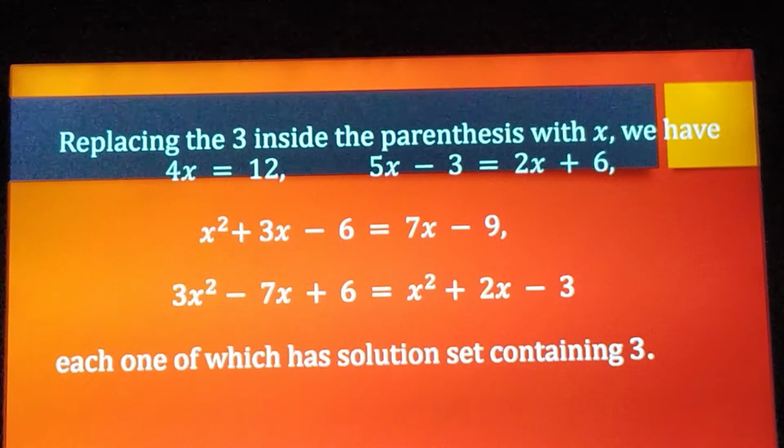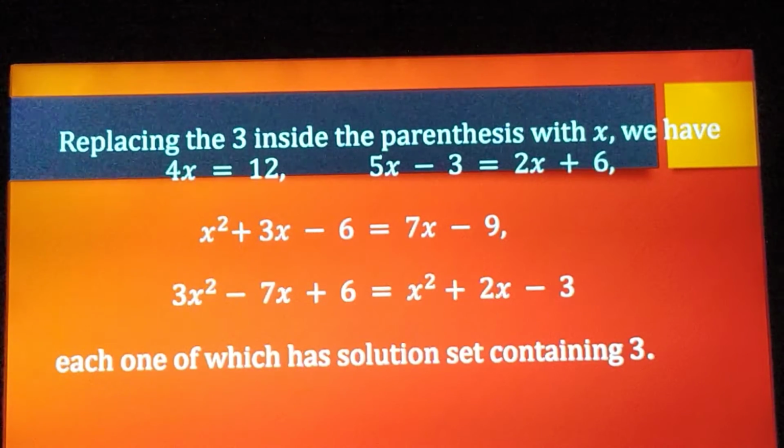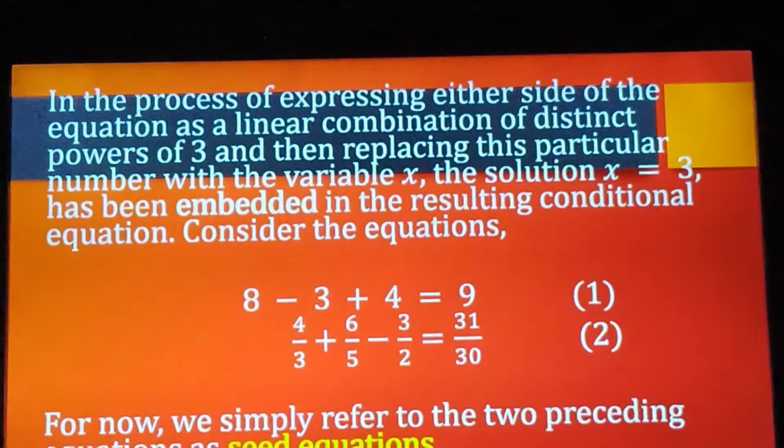Then we also have 5x minus 3 on the left and 2x plus 3 on the right. We also have x squared plus 3x minus 6 on the left and 7x minus 9 on the right. And 3x squared minus 7x plus 6 on the left side, and x squared plus 2x minus 3 on the right side, each one of which has solution set containing 3.